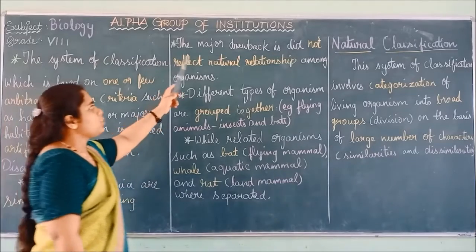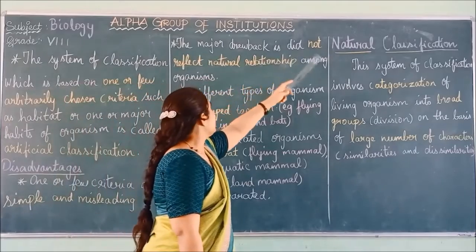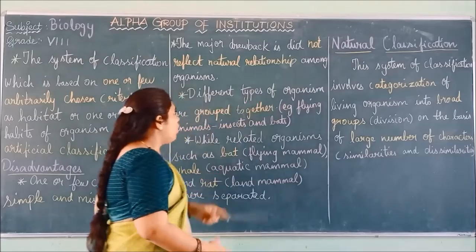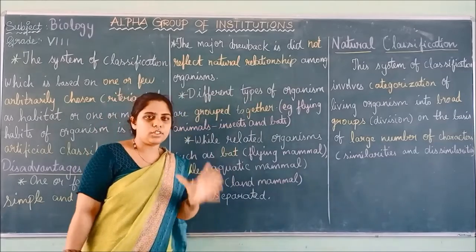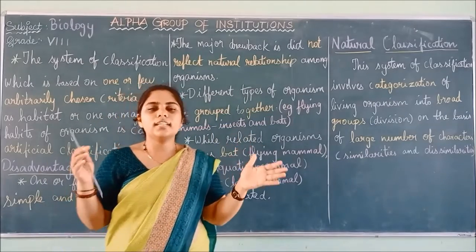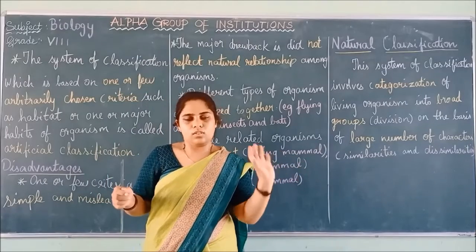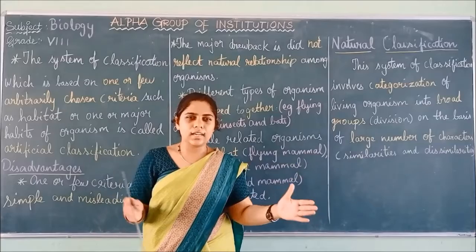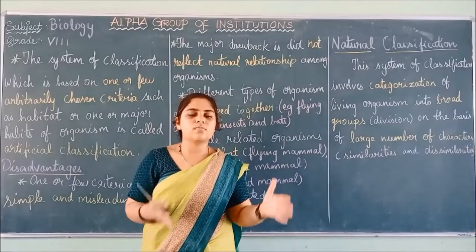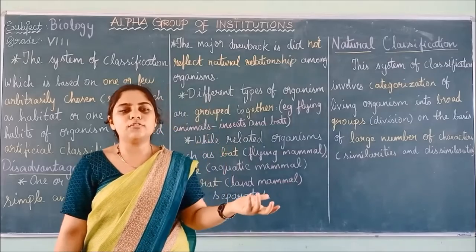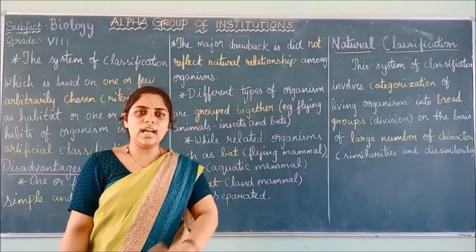And the major drawback is it did not reflect natural relationship among organisms. The artificial classification did not relate the organisms. If all the organisms on land are put under one group, in the land itself there are many different organisms, totally unrelated.